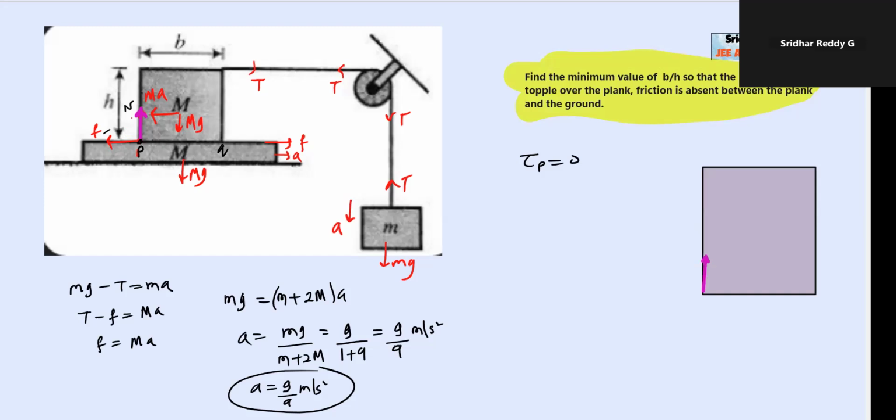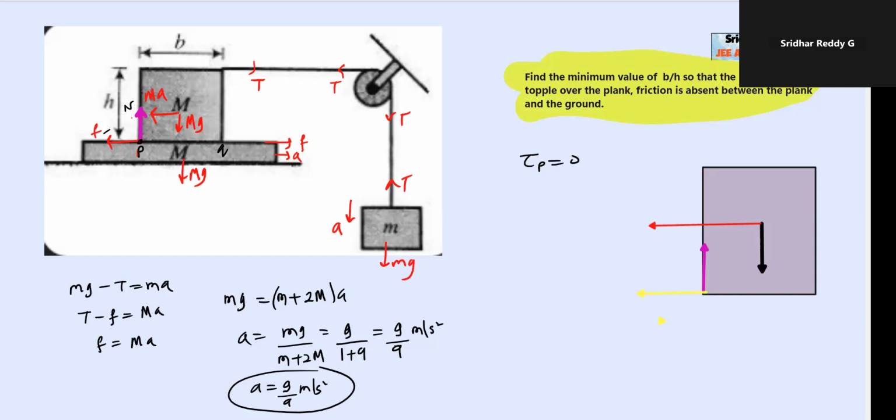normal contact, the weight mg, pseudo force, the frictional force.